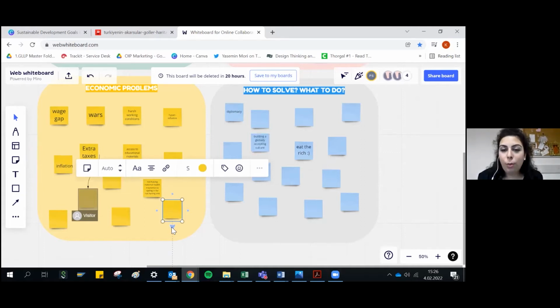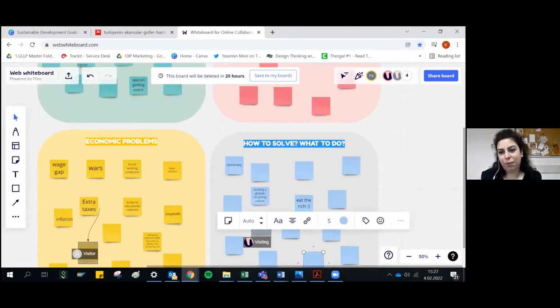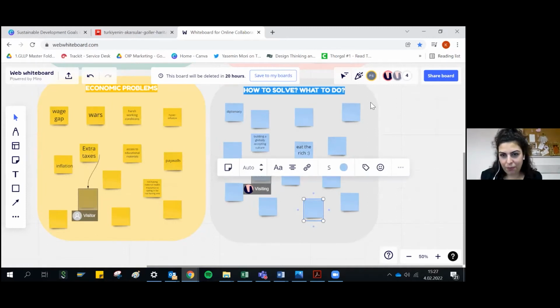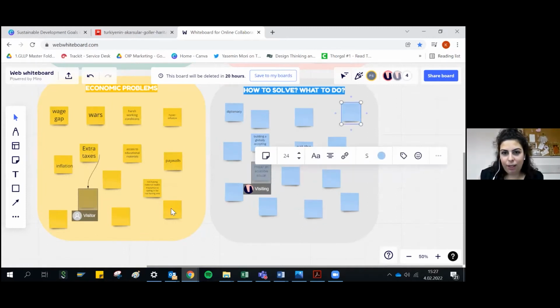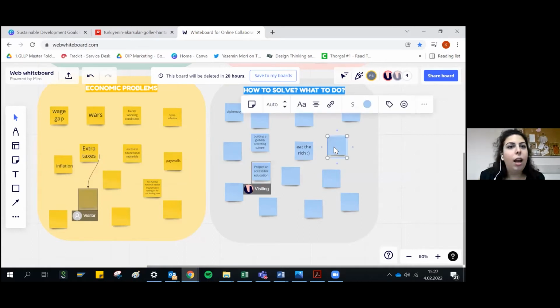Building a globally accepting culture. Good one. What else? Labor unions. Labor unions. Yeah, good one.